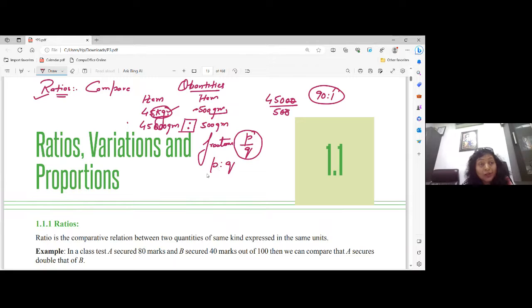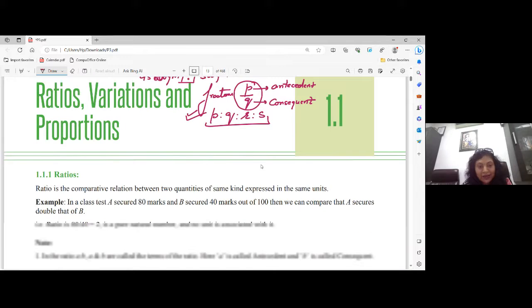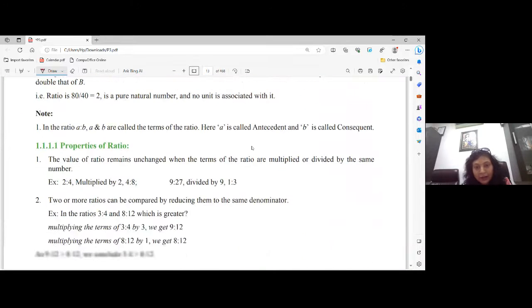But if we are comparing more than two items, then they must be expressed in this form: P is to Q is to R is to S. If we express them in fraction form, then the first term is called the antecedent and the second term is called the consequent. So if we want to compare, A is called the antecedent and B is called the consequent.